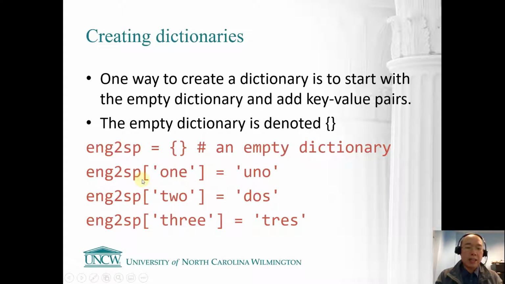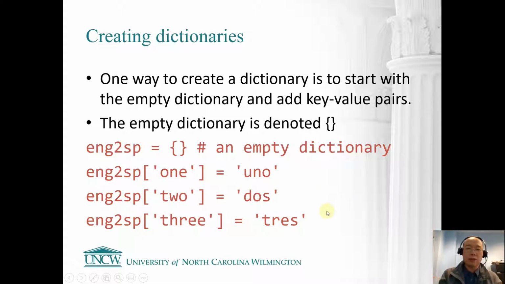Then say we want to add some key value pairs, and say we want to create a dictionary from English to Spanish. The English words will be used as the keys, and the Spanish words will be used as the values. So English maps to Spanish. Those are a few words I know, not a lot. One is uno, two is dos, and three is tres.